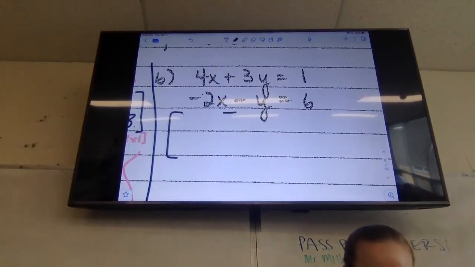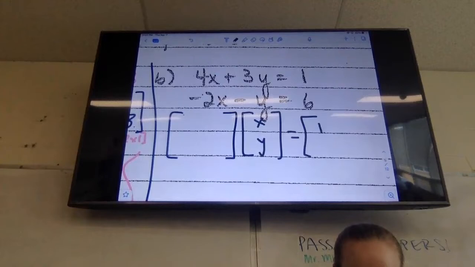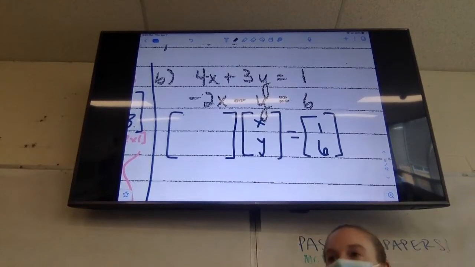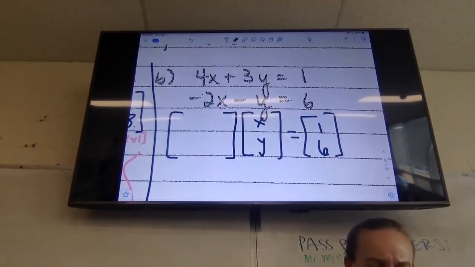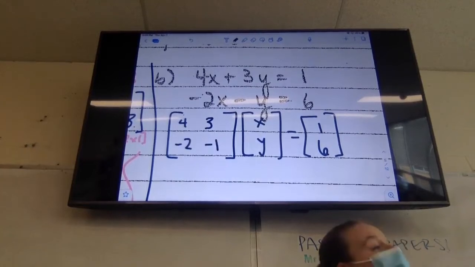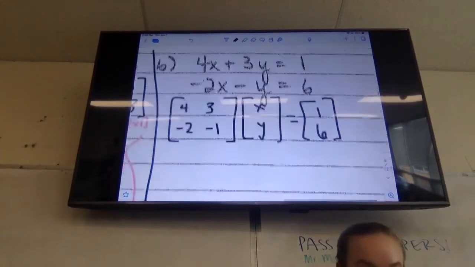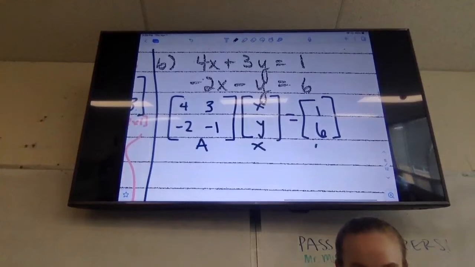We could just write our coefficients times our variable equals our solution. Actually, no, that's what I want you to write. I want you to write it this way. What's my coefficient matrix going to be? Good, good, good. And I like to know that's A, that's X, that's B.